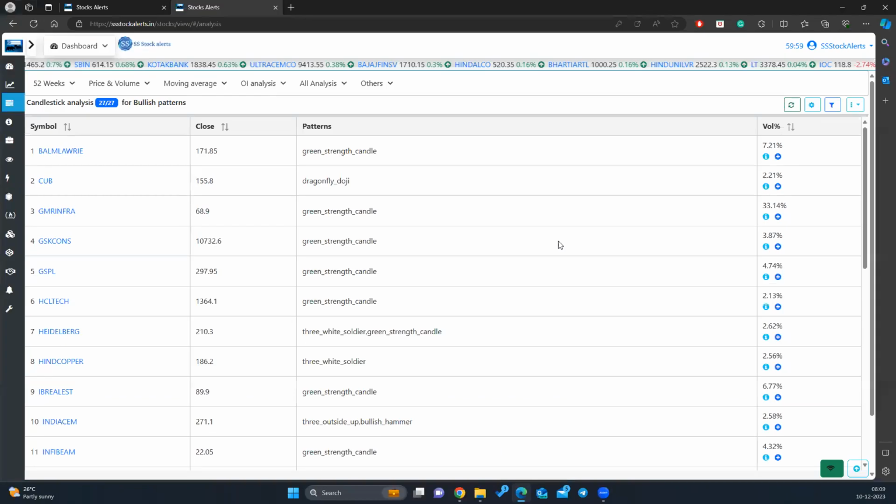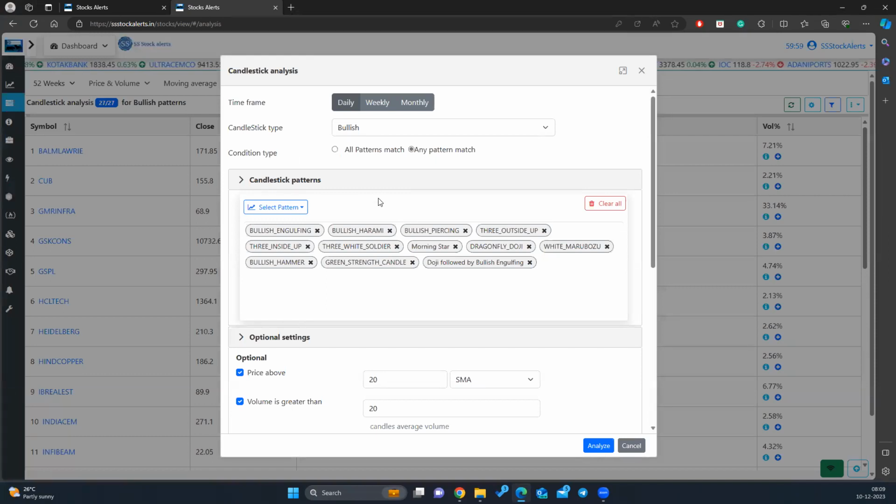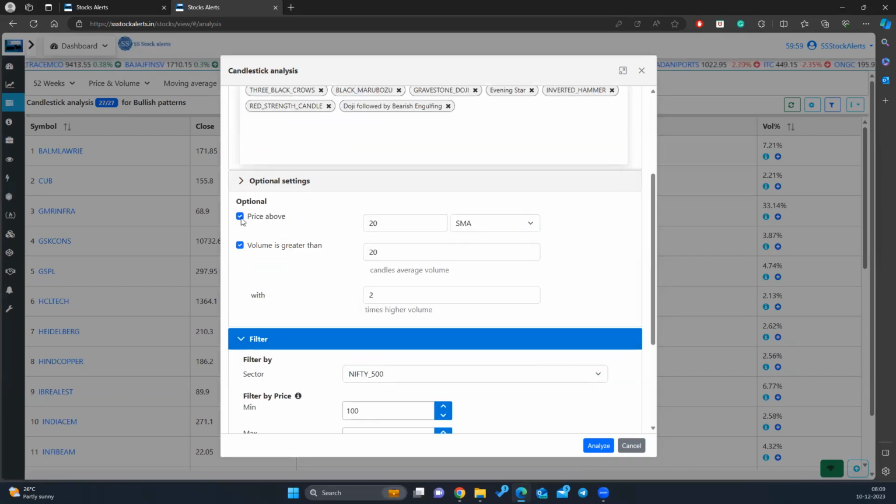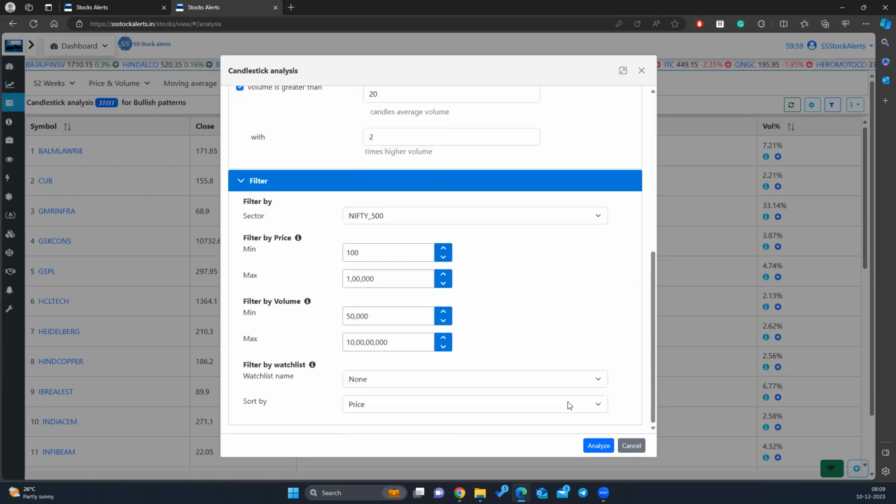Okay, so like this you can use it for any other purpose. Suppose you want to go short, like you want to sell some stocks, then you can go for bearish candlestick patterns. Same thing: remove this price above filter, and check the volume greater than 2 times the 20-day volume.